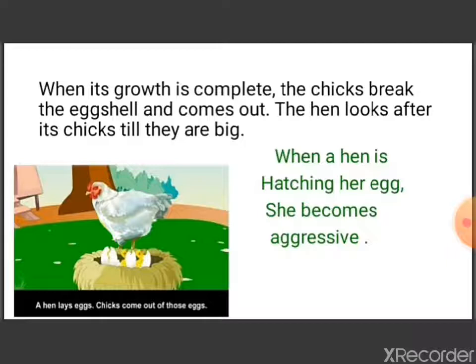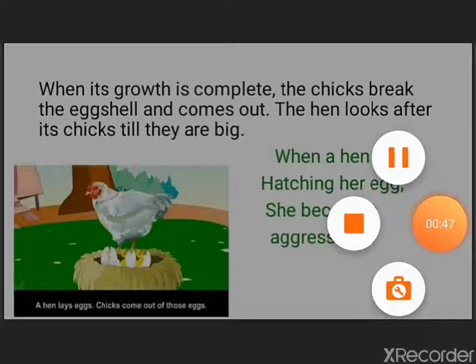So this is how growth in a chicken takes place. So basically, in short, first a hen lays eggs, second a hen hatches her eggs, and last, nearly after 3 weeks, a chick comes out of the egg.